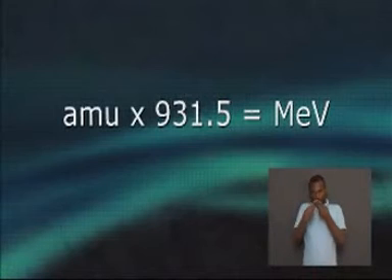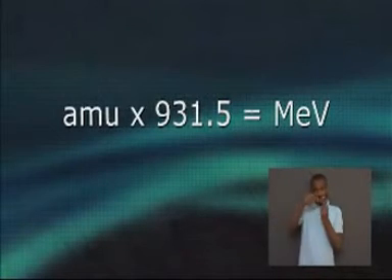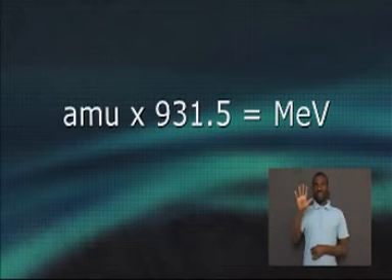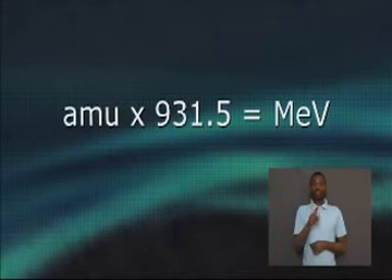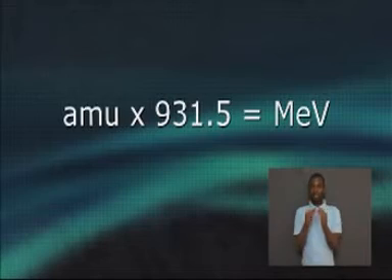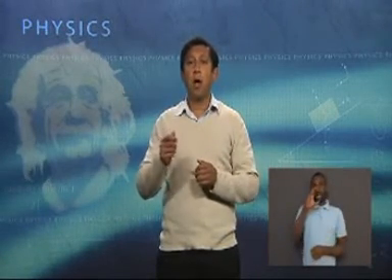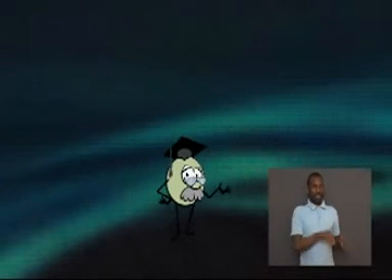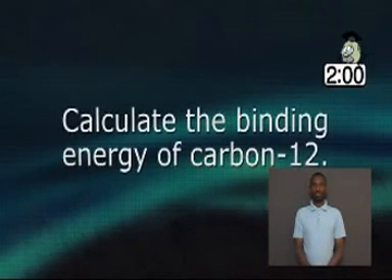Multiplying an atomic mass unit measurement by 931.5 will give us an energy equivalent in mega-electron volts. Using this conversion factor, students, please calculate the binding energy of carbon-12. Students, let's get ready. Begin.